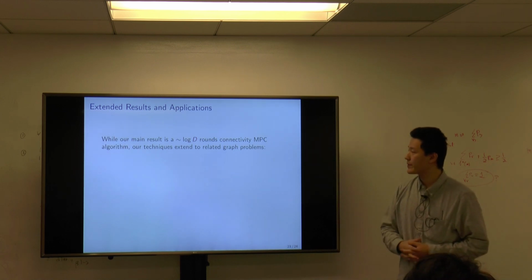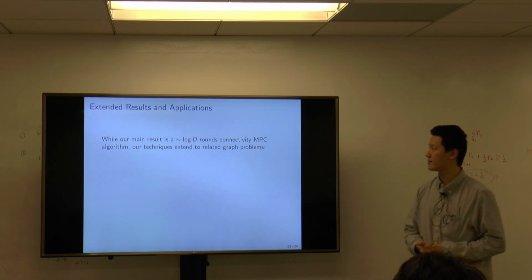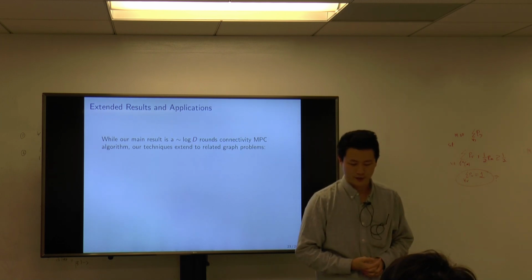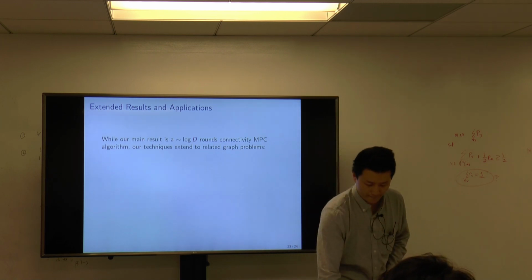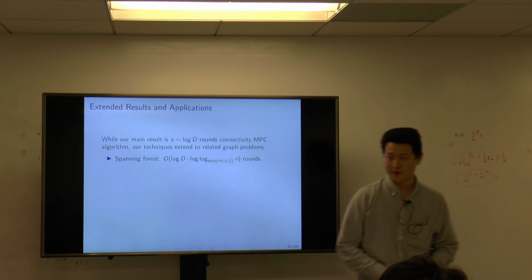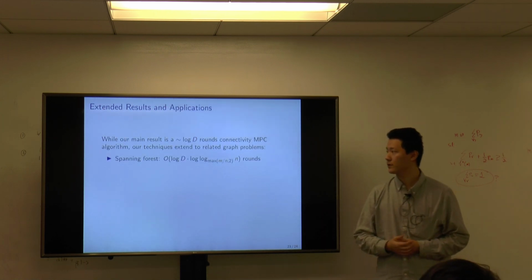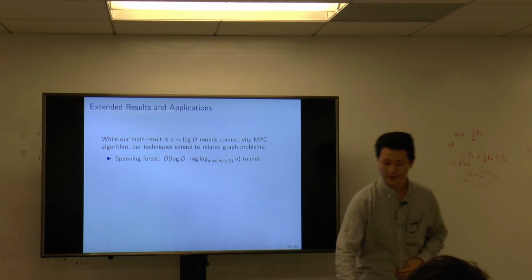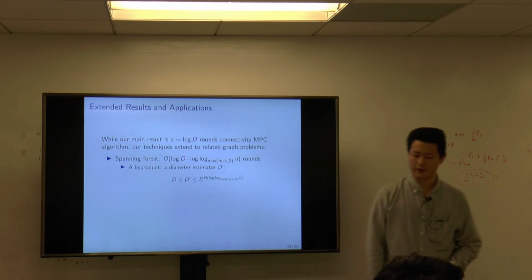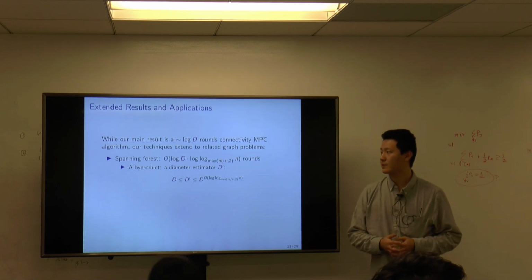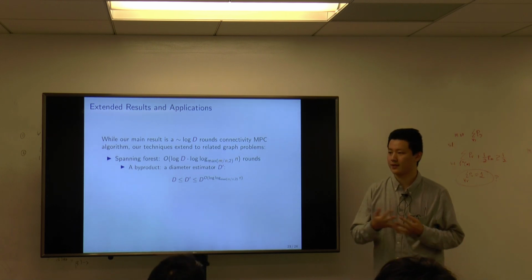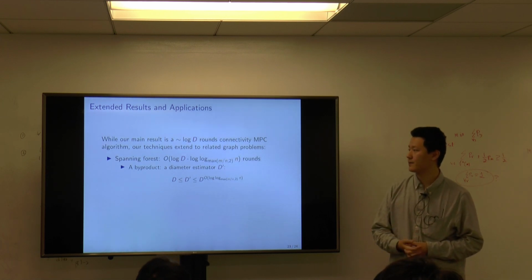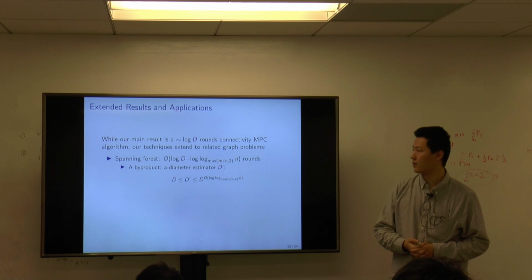While our main result is a log diameter rounds connectivity algorithm, our techniques can be applied to related graph problems. For example, for the spanning forest, we can still do it in log diameter times log n rounds. The byproduct of our spanning forest algorithm is a diameter estimator: we can output a d prime which is at least the diameter of the original graph and at most the diameter to the log n.